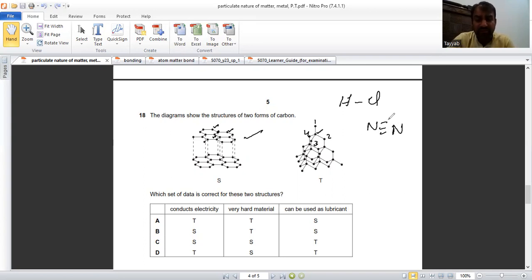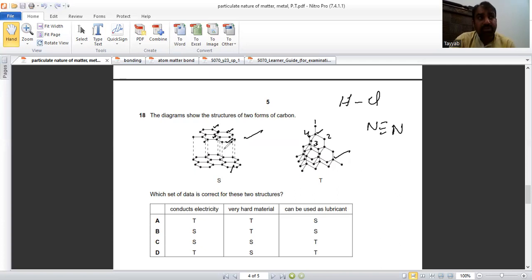Simple molecular structures have low melting point and low boiling point due to weak intermolecular forces, whereas giant macromolecular structures have very high melting point. Why high melting point? To melt or boil these, there is a need to break these strong covalent bonds. Covalent bonds are very strong.